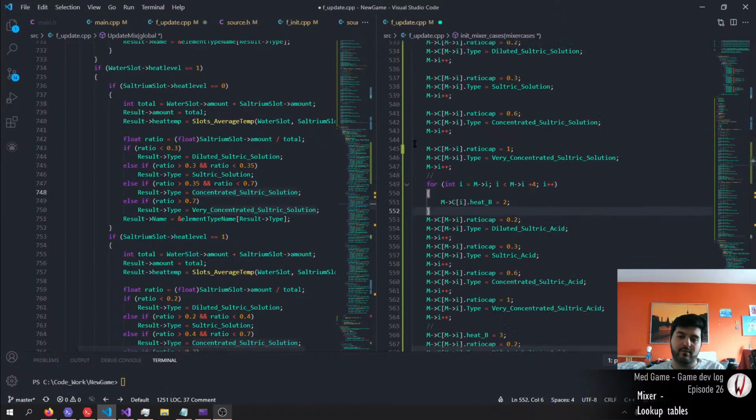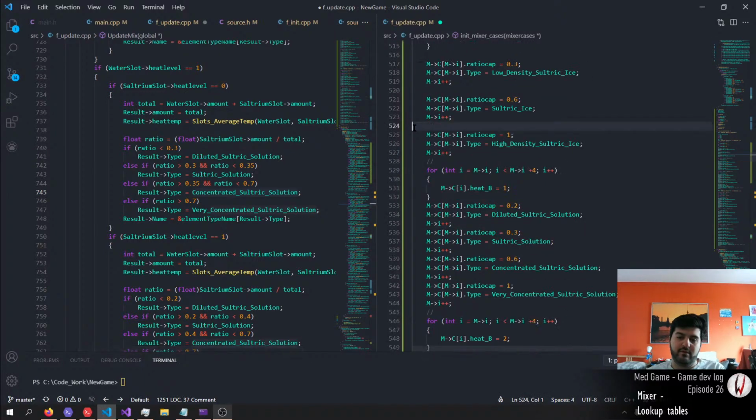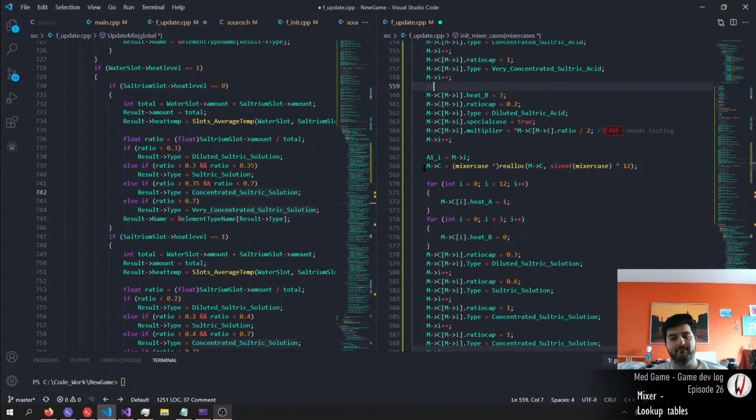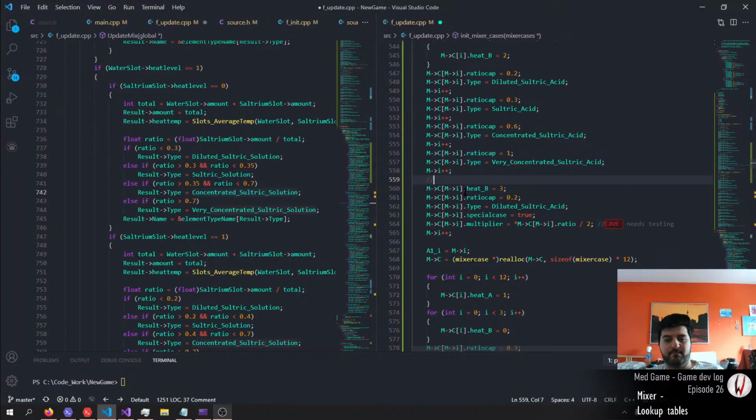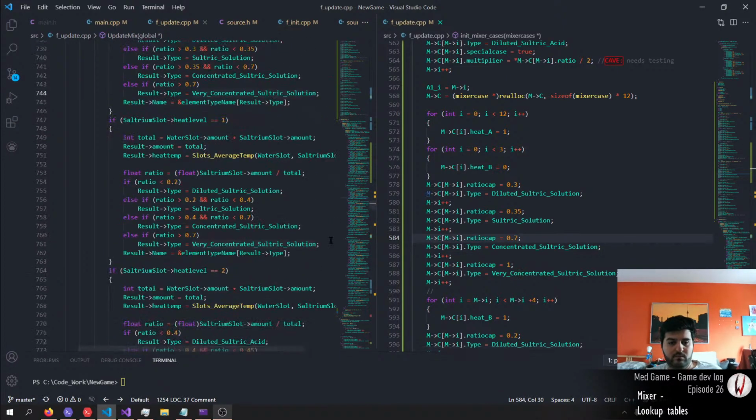Let's reduce the spaces between these things because you already can see them. Okay. 0.3, 0.35, 0.7, and 1. Next.